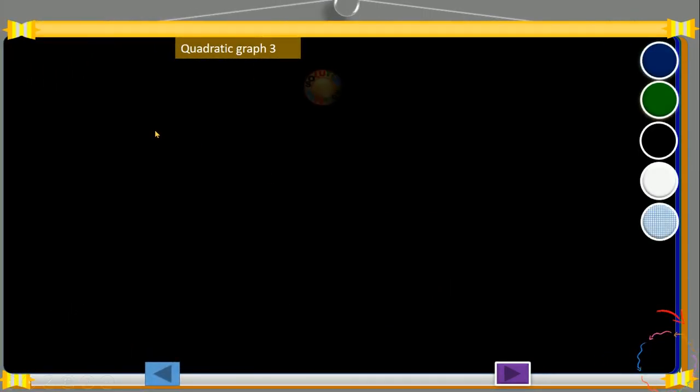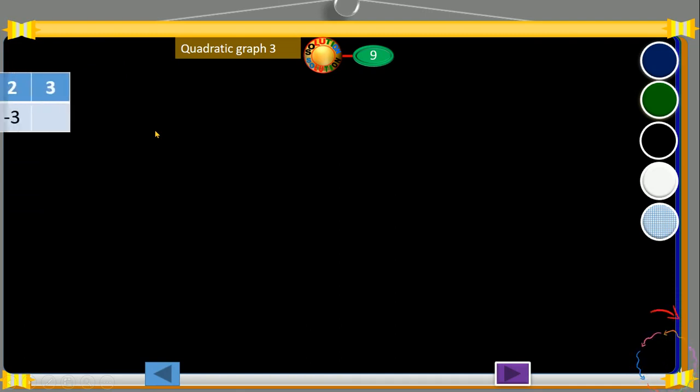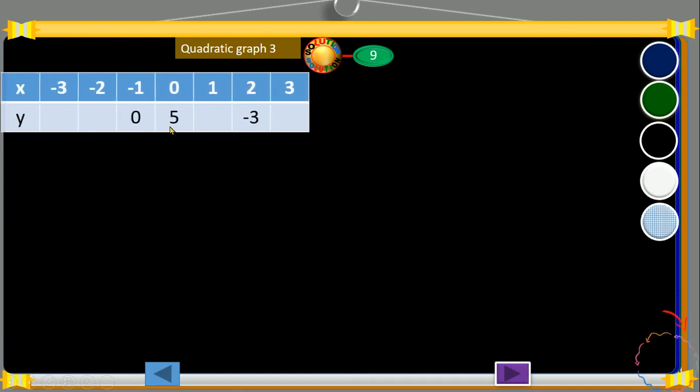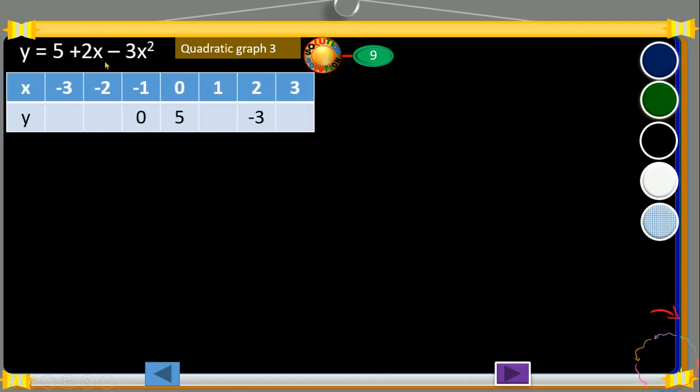Quadratic graph number 3. So we're going to complete this table of values for this function y is equal to 5 plus 2x minus 3x squared. First, we find the value of y when x is minus 3. We replace x here with minus 3, and also replace x here with minus 3 squared, and then simplify.